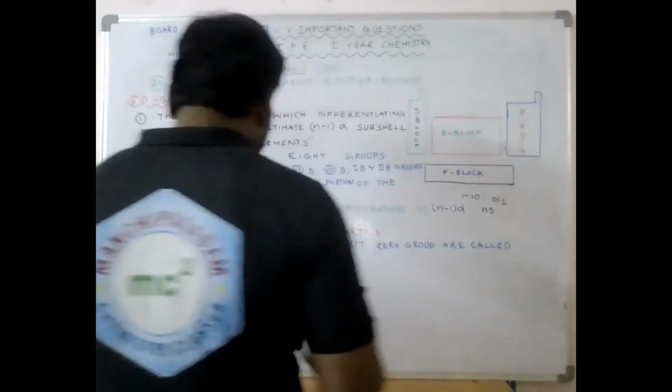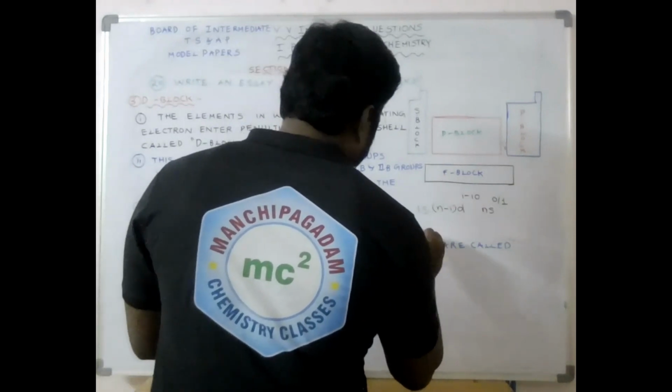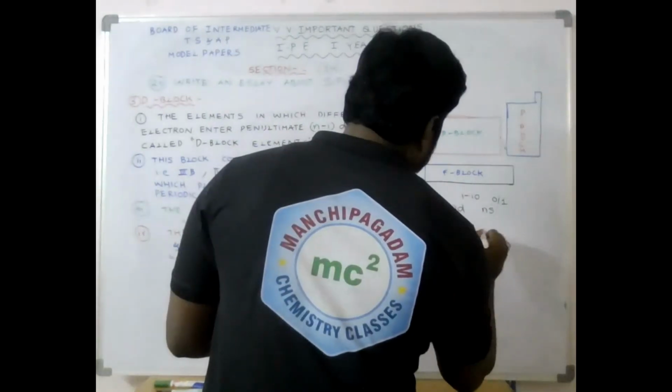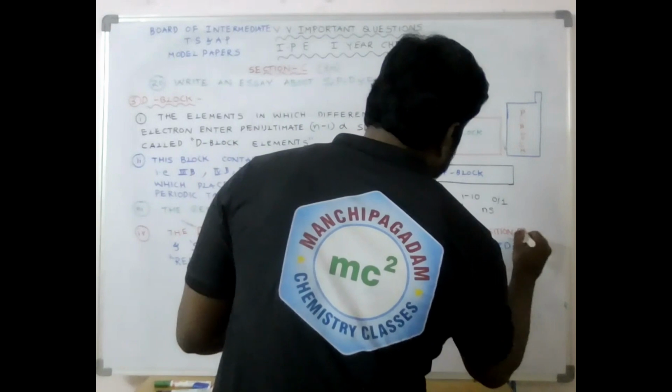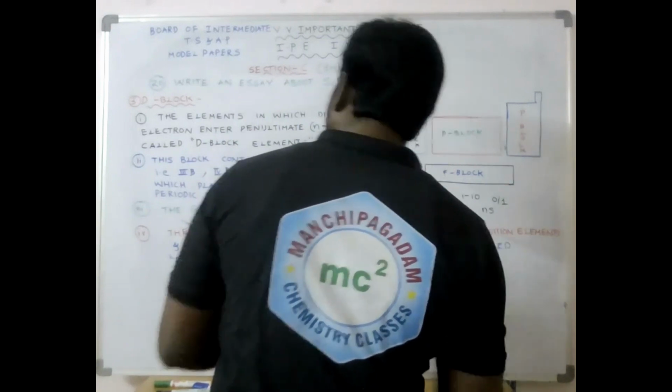The d block elements are metals, also known as transition elements.